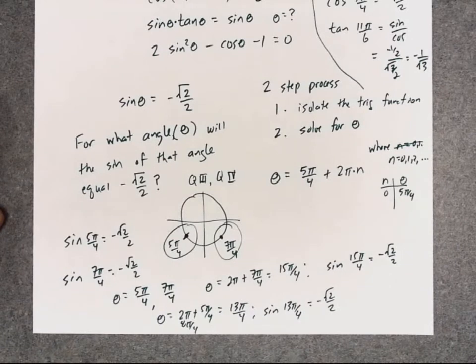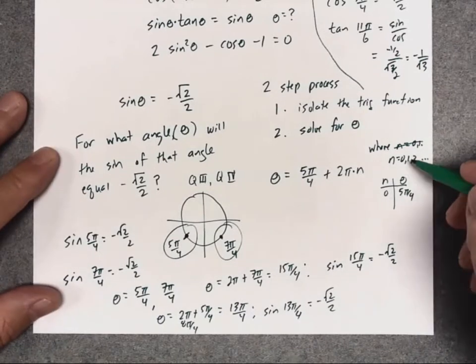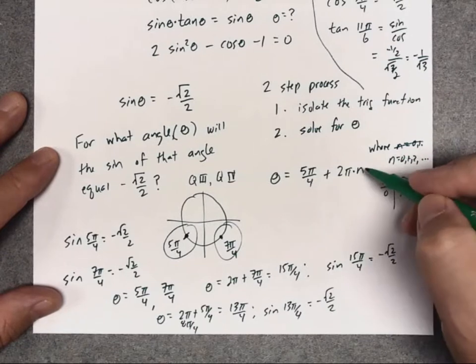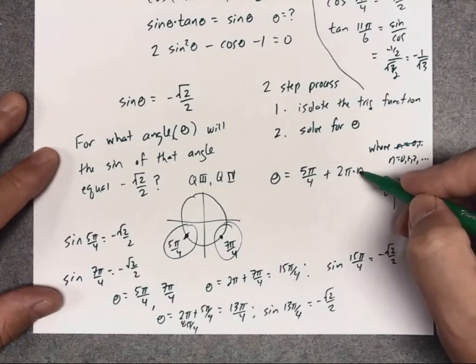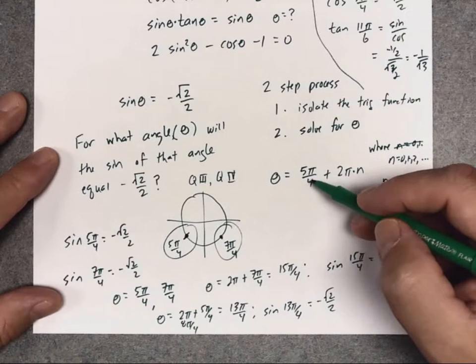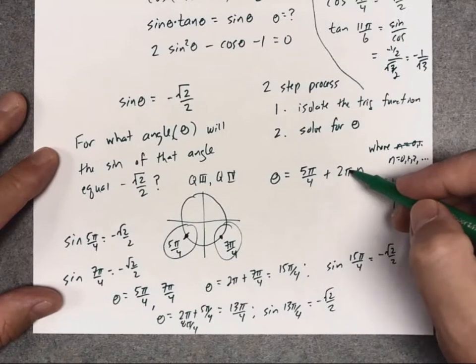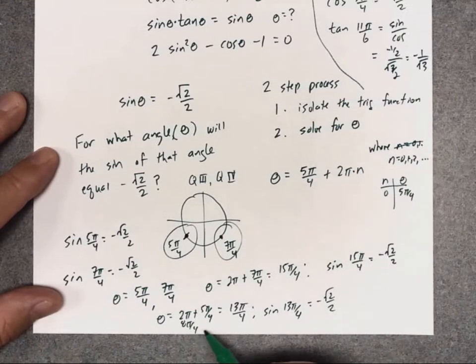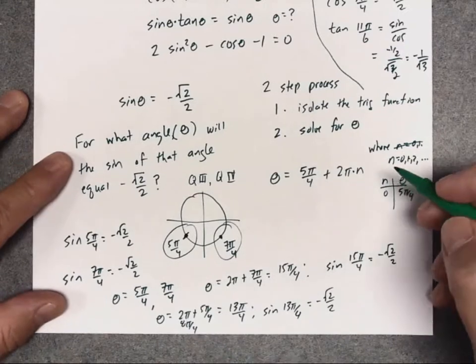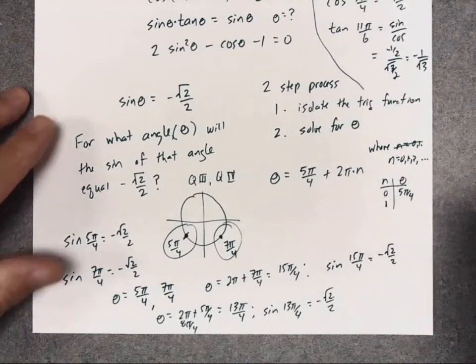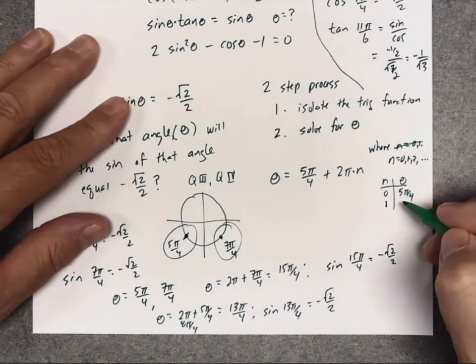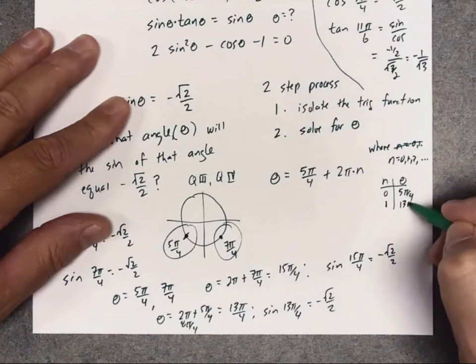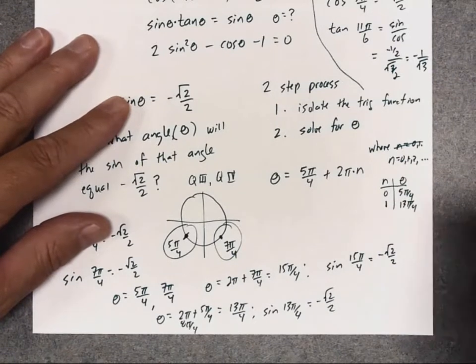But we know there are more than just one solution. So now I'm going to set n equal to 1. And when I set n equal to 1, I'm going to have 5 pi over 4 plus 2 pi, which is what we talked about down here. So when n is 1, my angle is 13 pi over 4.